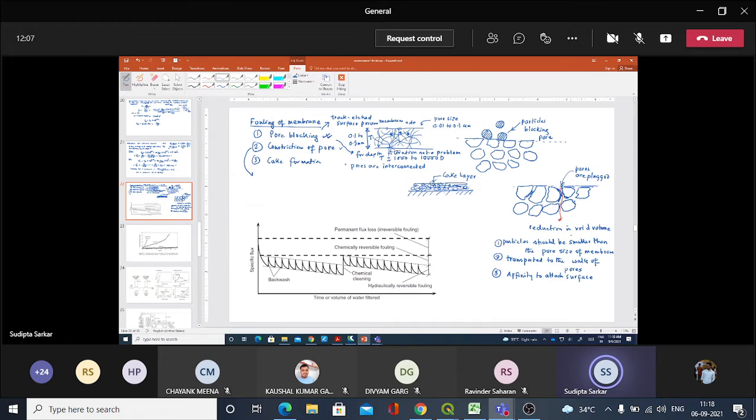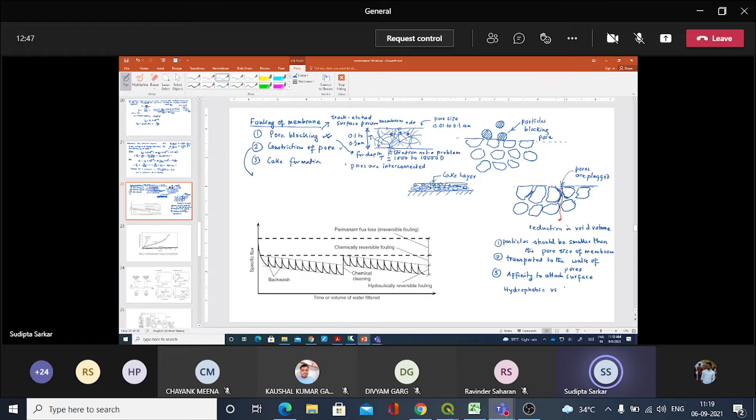So you can understand that if our particles are hydrophobic in nature, and our porous materials are hydrophobic, there will be an affinity for this hydrophobic material, and so you can see that pore blocking can be a significant phenomenon when we have a hydrophobic membrane versus a hydrophilic membrane. Hydrophilic membranes won't have a lot of pore blocking, unlike hydrophobic membranes.